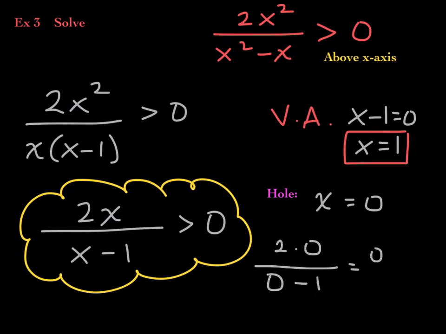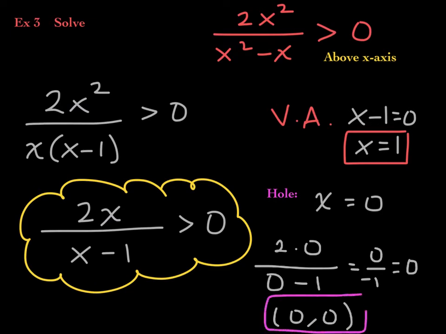This is just 0 over negative 1, which is 0. So in other words, 0, 0, which is the origin, there is a hole in your graph, which means the function is undefined. The function's undefined when x is 0. That's very important.